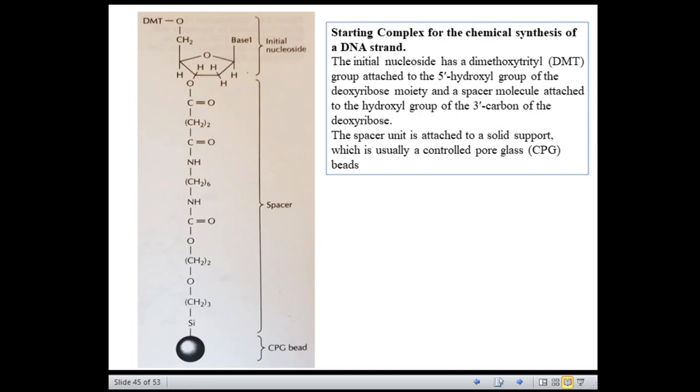So if you carefully observe, the first nucleoside, which will be the 3' terminal nucleotide of the synthesized strand, we start from 3' to 5'.